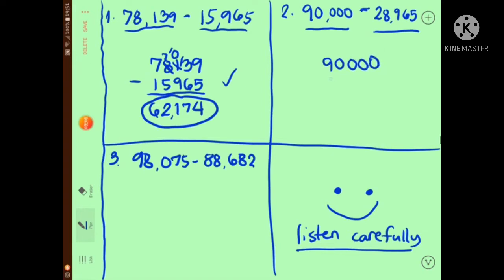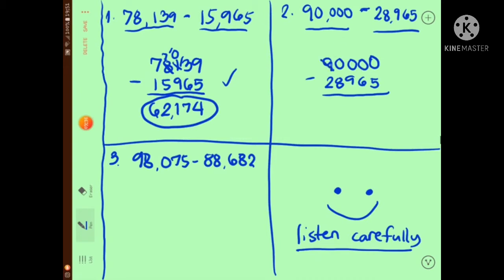Alright. And then 28,965 minus. Alright. 0 minus 5. Can or cannot? Cannot. So what we are going to do is we need to borrow from the next number. Alright. 0 cannot. 0, 0 cannot.